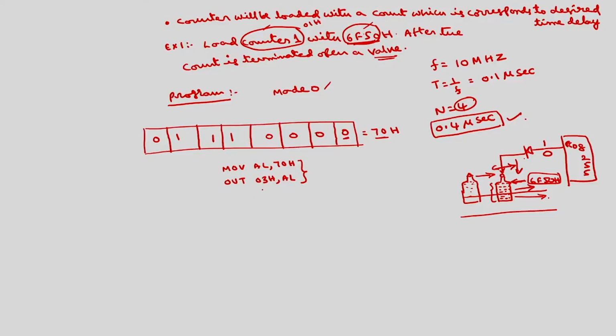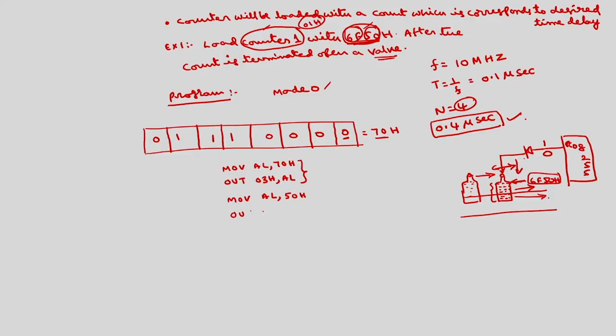Then you have to load this counter with the 16 bit value. First LSB, then MSB into counter 1 whose address is 01H. Similar type of instructions. MOV AL, 50H, the lower order count of 6F50H, which you have to feed into counter 1 whose address is 01H.